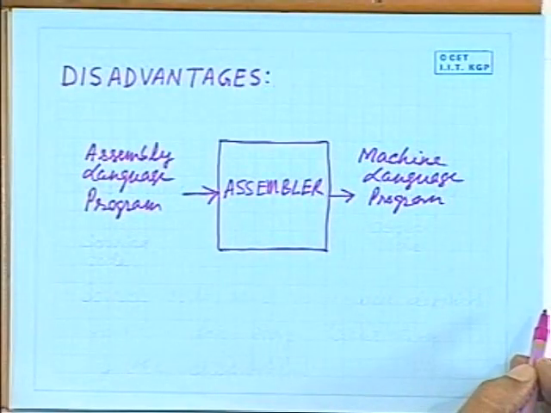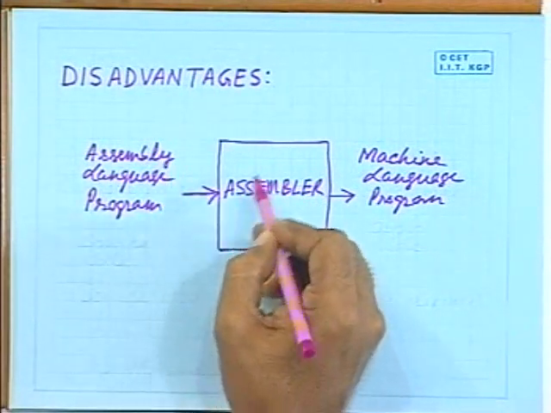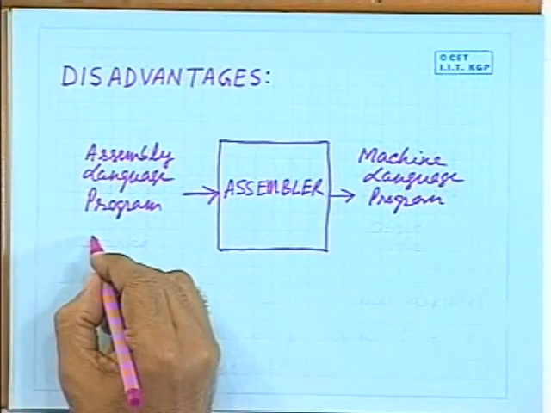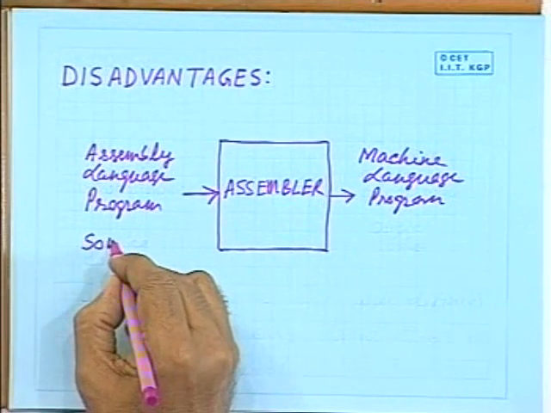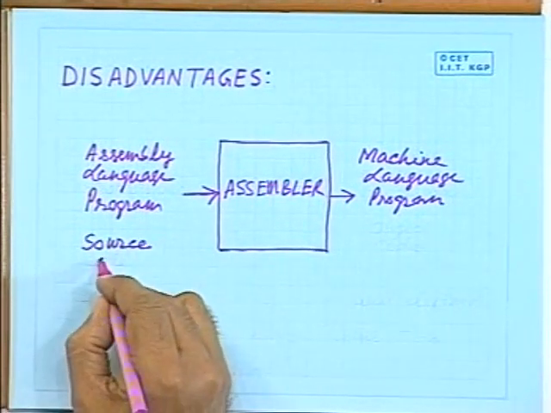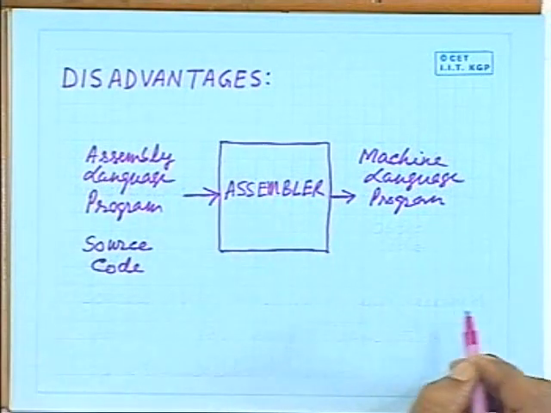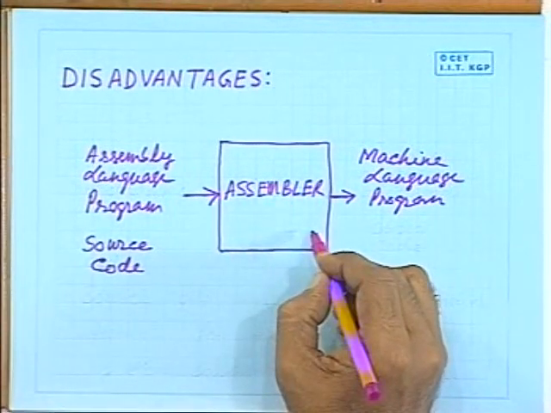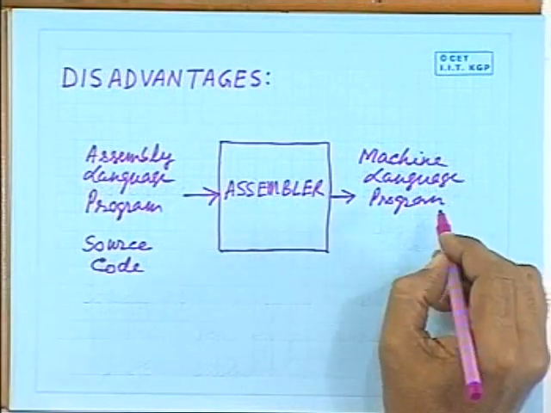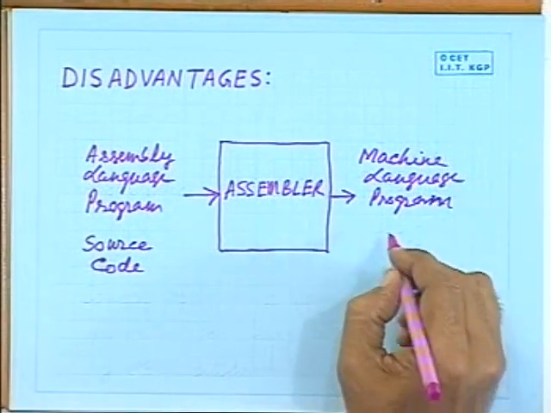So the assembler also will be specific to a particular machine, and that assembler must be available to you. Whenever you write a program in assembly language, that program is known as source code, and that is used as input to the assembler. The assembler in turn produces a machine language program which is known as object code.